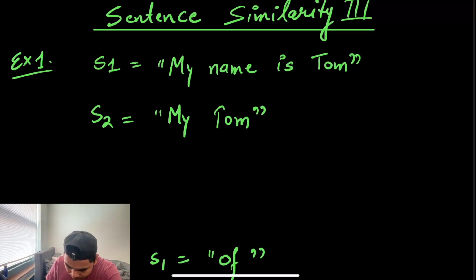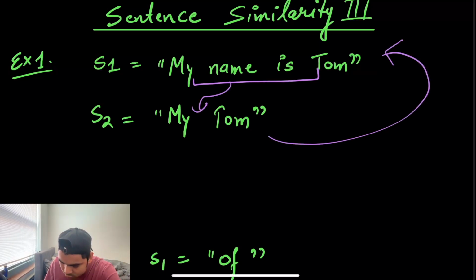We insert this part here, and this makes it S1, and that is perfectly valid given the conditions in the problem statement. If we insert "name is" in between "my Tom", that becomes "my name is Tom". So how can we actually check it?